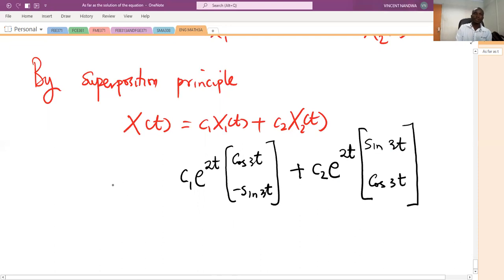So this is the general solution of that given equation. So that's how we solve this given differential equation. Thank you.